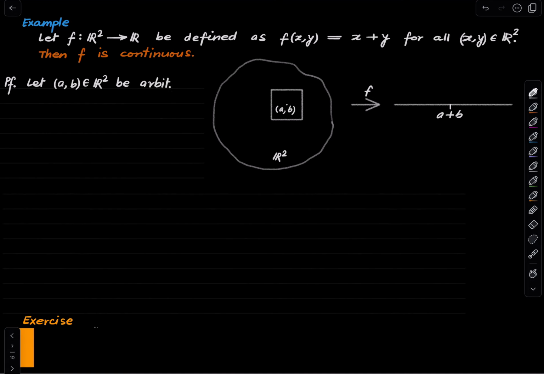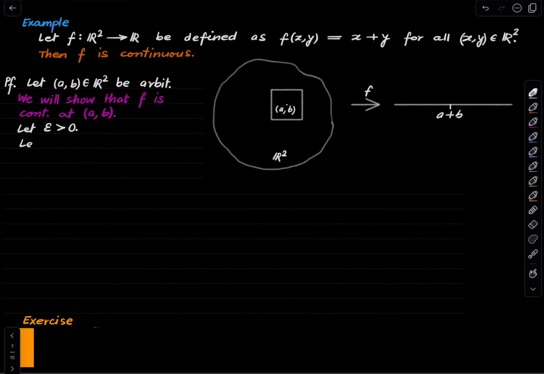We will show that f is continuous at (a, b). This is what we want to do. Okay, so for that we'll use the Epsilon-Delta criterion. So let epsilon greater than 0 be chosen.